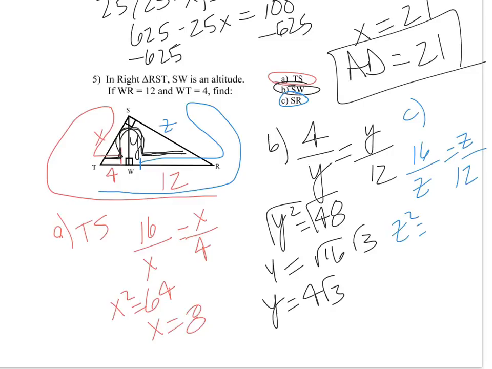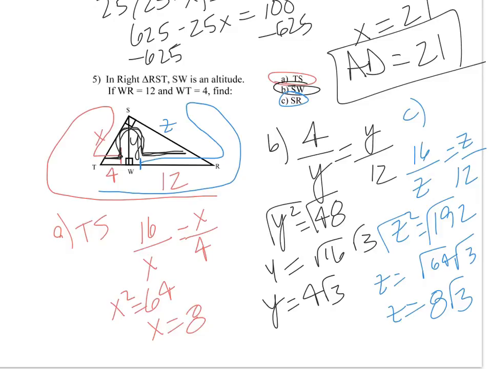When I do the product of the means equals the product of the extremes, I get z squared equals 192. And then when I take the square root on both sides, I wind up with z is equal to 64 times 3. So z is actually equal to 8 root 3.